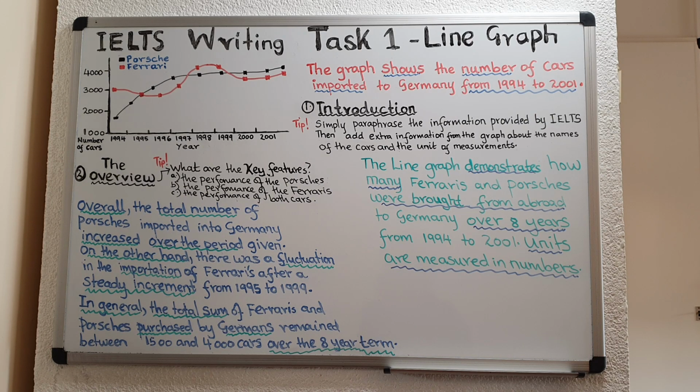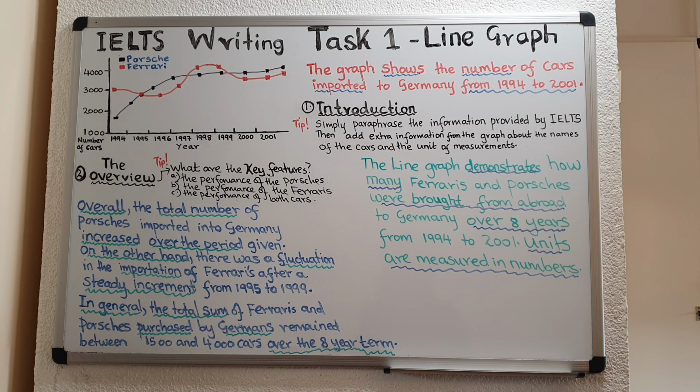In the line graph, you have the units on the left in number of cars from 1,000, 2,000, 3,000 to 4,000. And then on the vertical line, you have the years from 1994 to 2000.